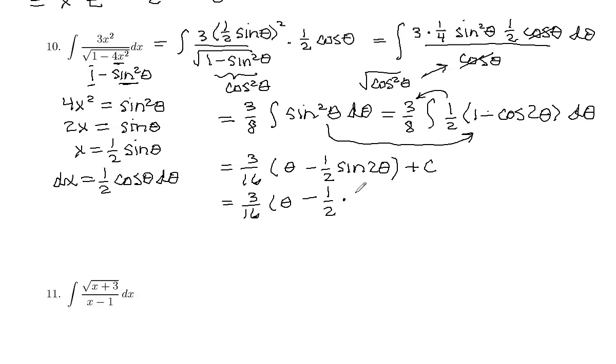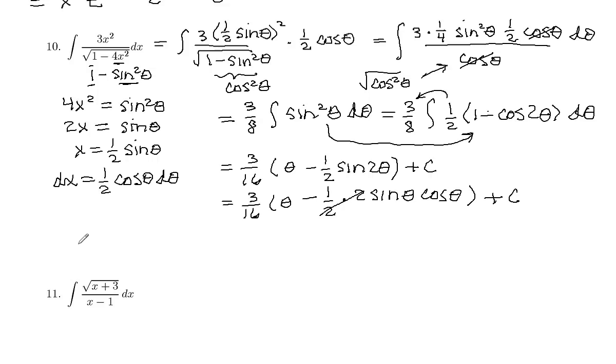The double angle identity is that that's equal to 2 sine theta cosine theta, and then plus c. And then these 2's cancel. So now we just need to know, well, theta we know is going to be inverse sine of 2x, if we take inverse sine on both sides here. And we need sine theta and cosine theta. Well, sine theta we already know is 2x, but we need that cosine theta.